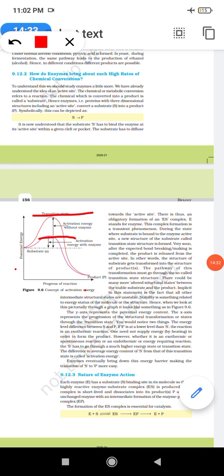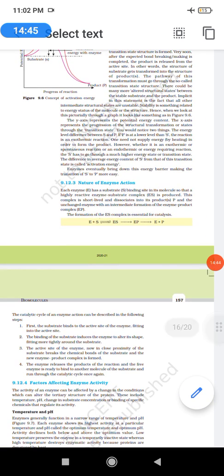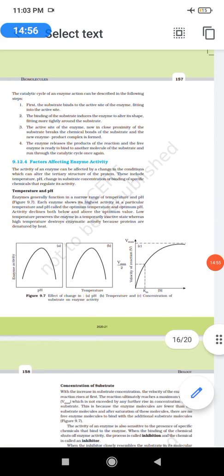Then enzyme and substrate, their energy is increased and they reach a stage and they form this enzyme substrate complex, and once this enzyme substrate complex is formed, it forms the enzyme product, and thus the enzyme is released and the product is being released.